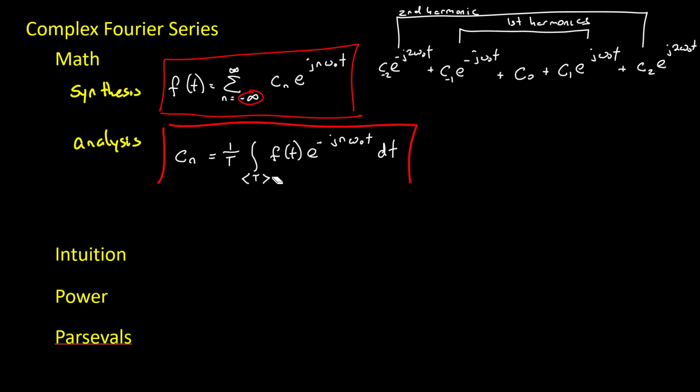Something to realize as you're writing this down: don't forget that there's a minus sign up here. This is actually an easier way to do analysis because you do not need to find that DC term.